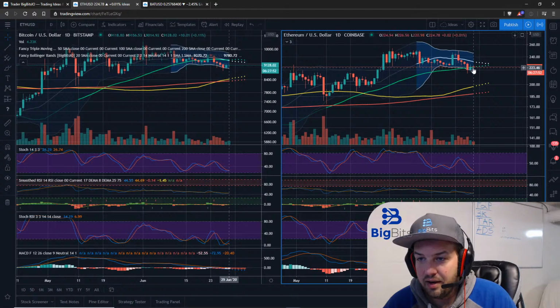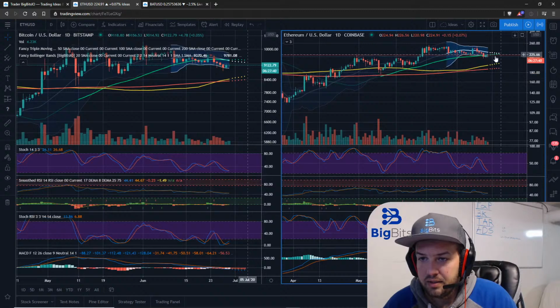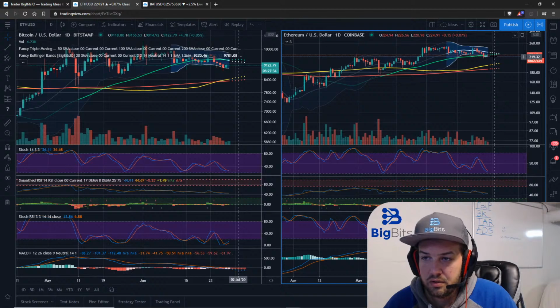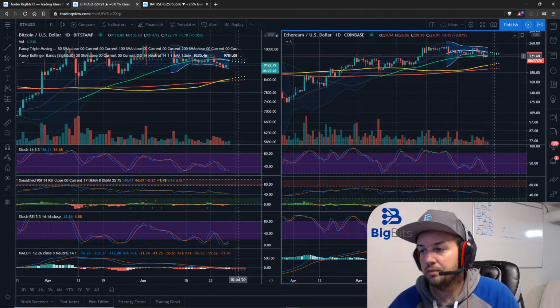It looks like it's trying to reclaim that 50, and if it does, it'll have to bounce pretty quickly to keep the 20 above the 50. But once it does, it would have all 4 moving averages going upward once it gets the mid band. But honestly, the 3 key ones are all moving up right now.